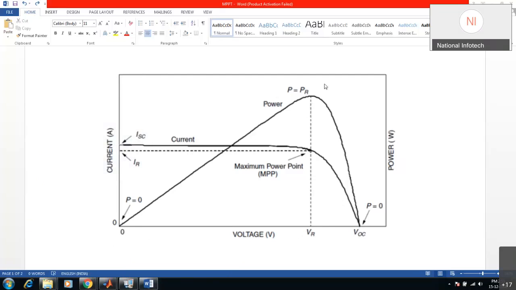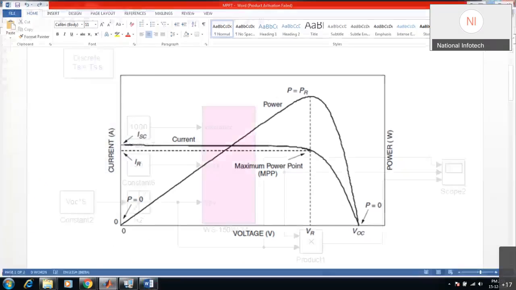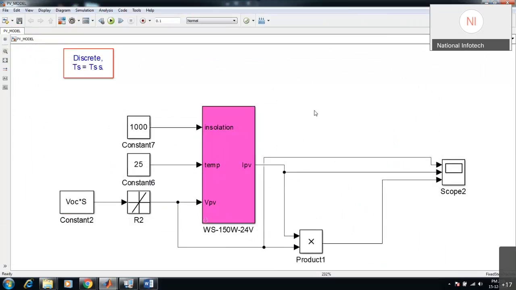So at that point we will get this point, and our maximum power will be how much? How much power will we be getting? Anyone?